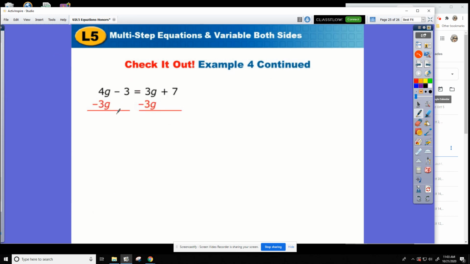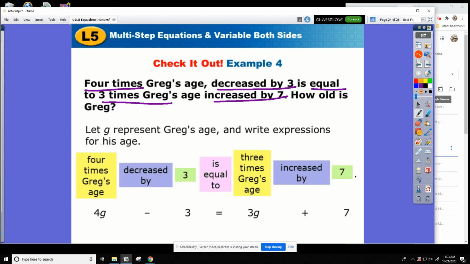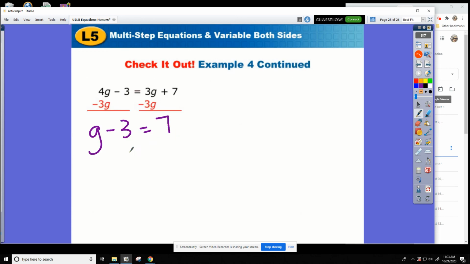So they subtracted 3g, I get g minus 3 equals 7. So what are we looking for? How old is Greg? So we're looking for his age. So age is in years, right? So if I add 3, Greg is 10 years old.